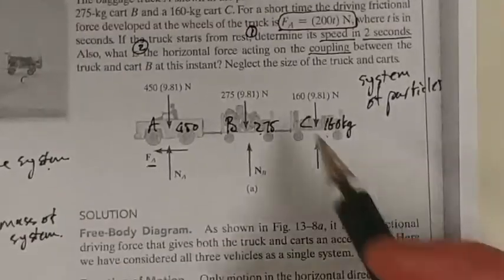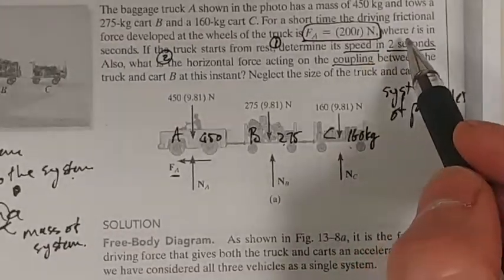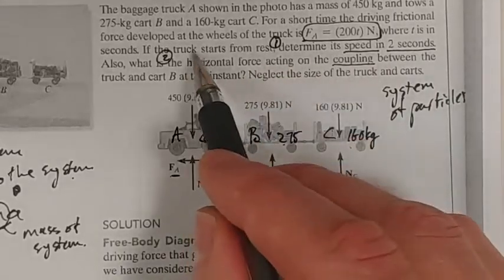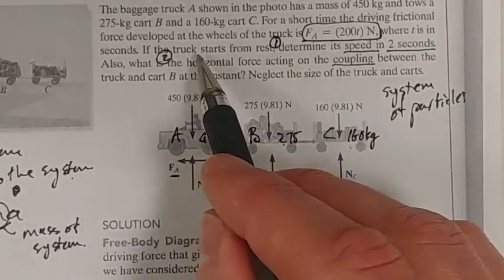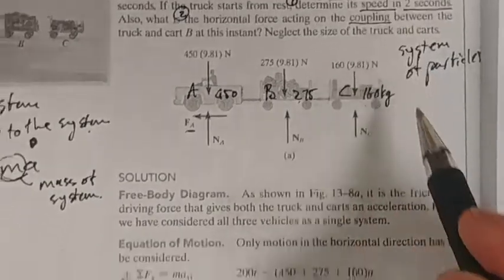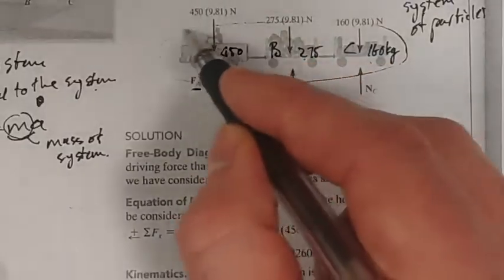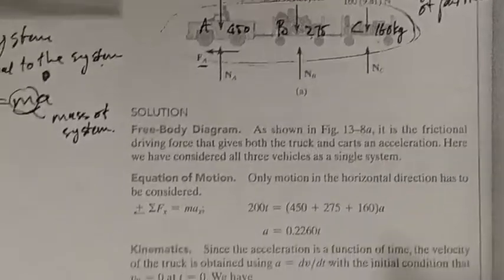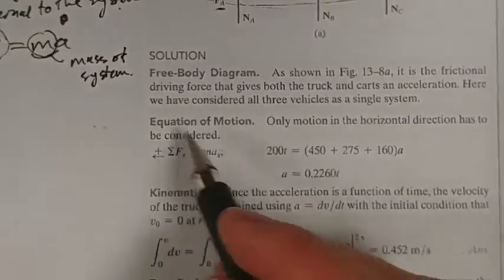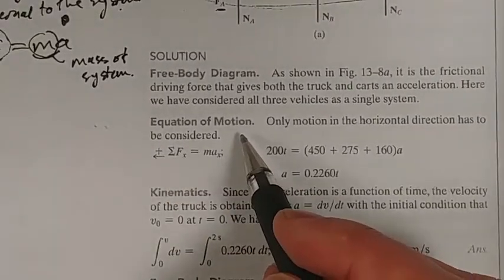Now, the question is, what is our system? We want to determine the speed of the truck in 2 seconds, so let us choose the entire thing, all three particles, as our system. Then what does our equation of motion become?